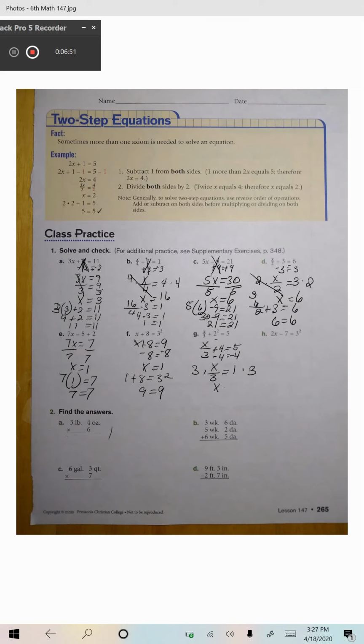And you should get that x equals 4. Let's see if it works. 4 over 3 plus 2 squared equals 5. So this is 4 over 3 plus 4. Oh, wait. Did I do something wrong?